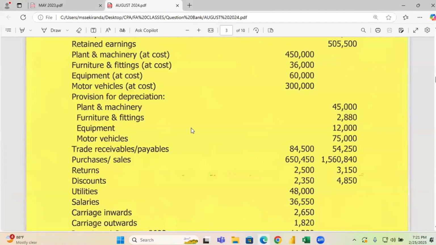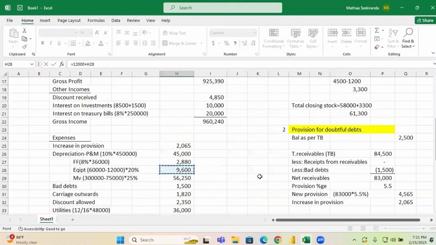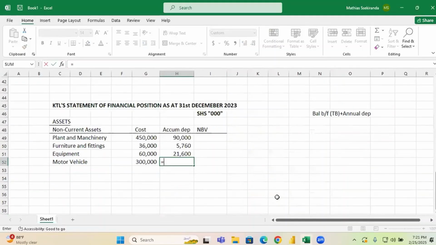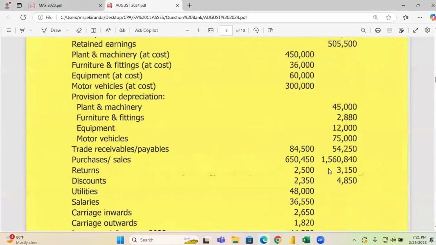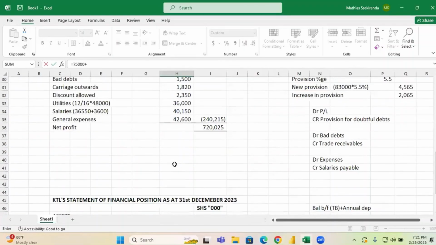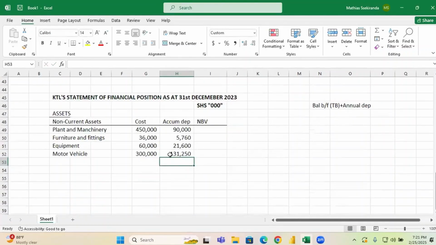Equipment, you get what was given, 12,000, plus what you computed in the profit or loss, 9,600. And lastly, motor vehicle, you get what was given, 75,000, plus the annual depreciation you recognized in the profit or loss statement. So that's how we get end of year accumulated depreciation.